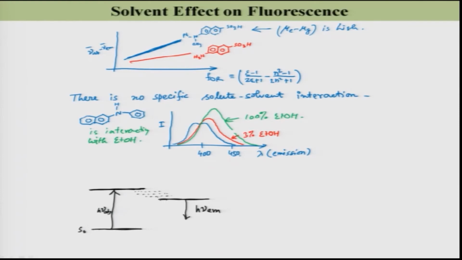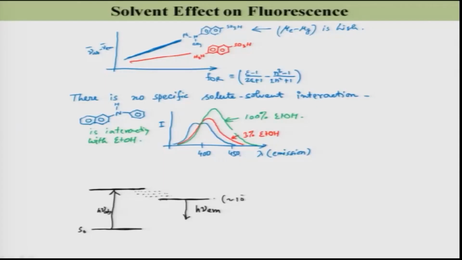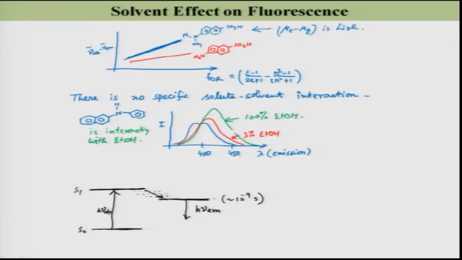If this process is much faster than the lifetime of the state, which I have said is about a nanosecond, about 10 to the power minus 9 second, and this is S1 unsolvated and this is S1 solvated, then if the time scale from this to this state is much faster, the emission will be provided only by this stabilized energy state.